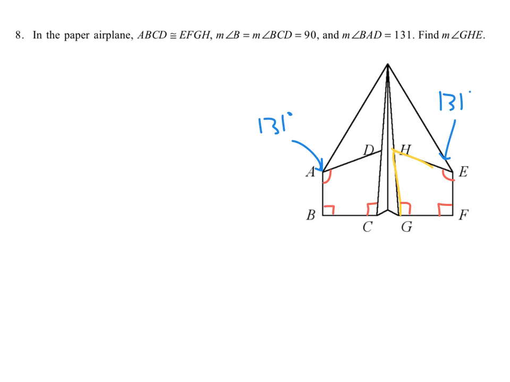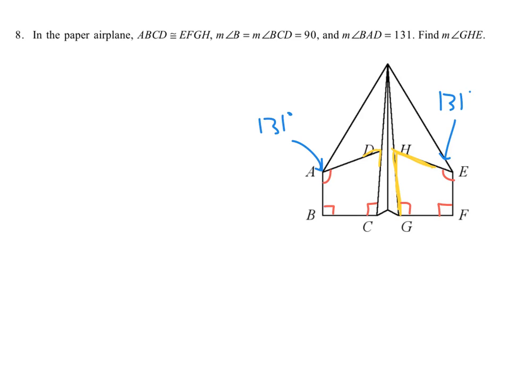So we're trying to find this yellow angle that I've highlighted, okay, which of course is also going to correspond to this angle right here. But they want to know about GHE, and so what we're saying is it's a quadrilateral, and we know that it's got to sum to 360, and we already have 3 of the 4 measures.